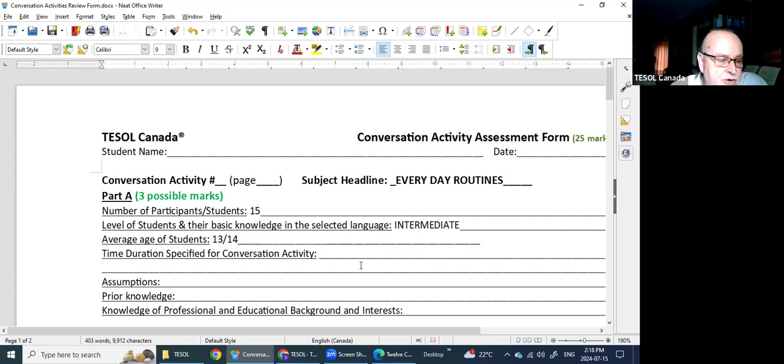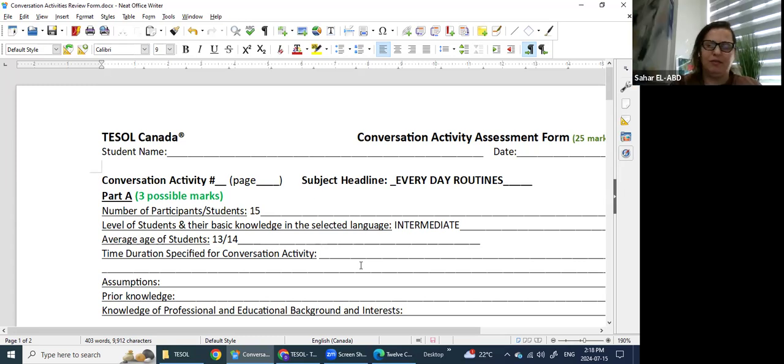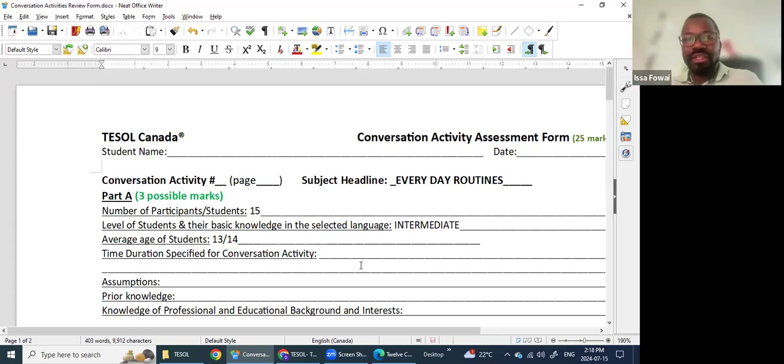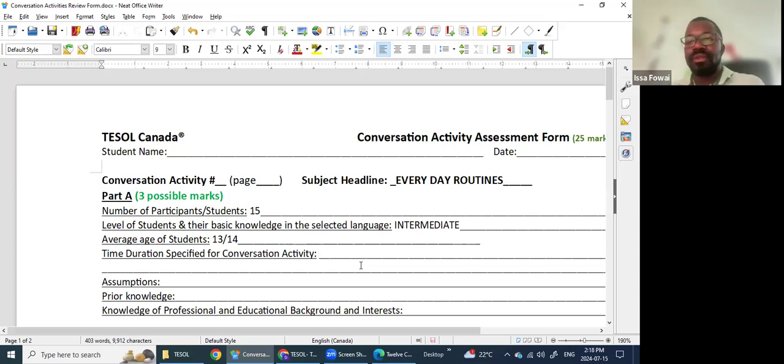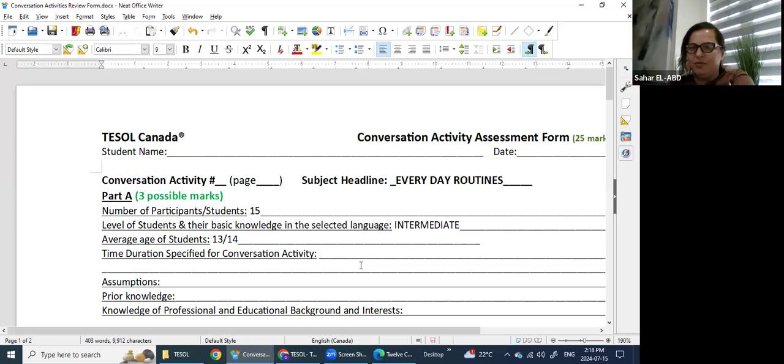And the time duration for this activity? 2 hours, 2 periods, two sessions. Just for the conversation, right? Time duration for conversation. Maybe 45 minutes, no? TESOL likes these conversation activities, these lesson plans, to be no more than 35 to 45 minutes. Okay. I see. But sometimes you have to target the background before, so maybe 2 sessions, no?